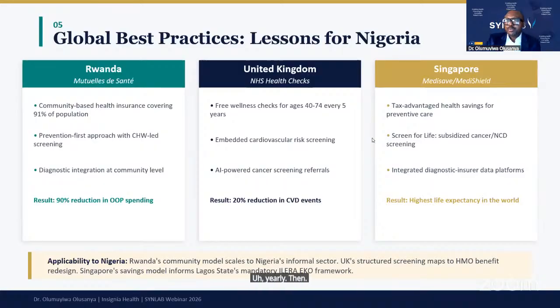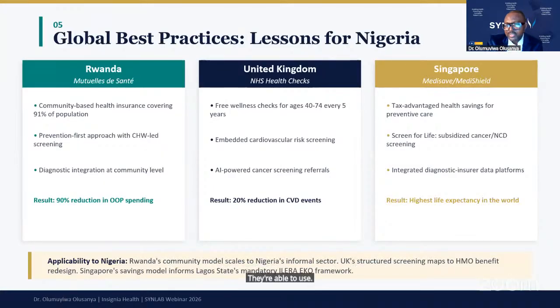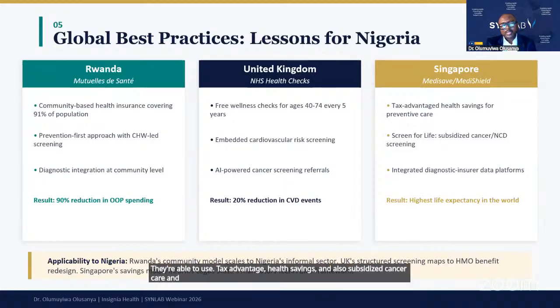Then another good example is Singapore, through their MediSave and MediShield. They use tax-advantaged health savings and also subsidized cancer care and non-communicable diseases. At the end of the day, they have one of the highest life expectancies in the world today.